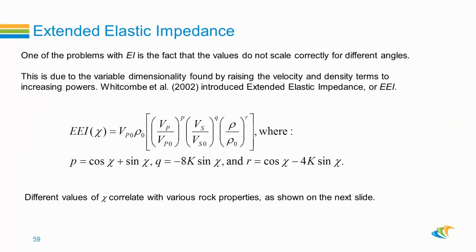To correct for that, Whitcombe introduced the extended elastic impedance equation using this chi angle. And for that chi angle, you can correlate extended elastic impedance coming from this formula with some of the rock properties which are the target for you.